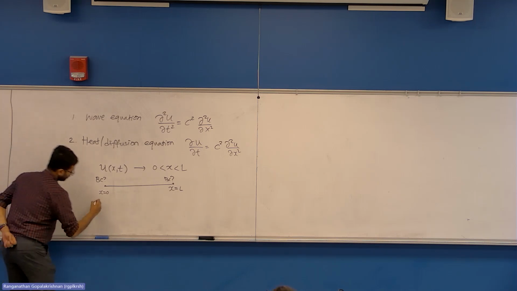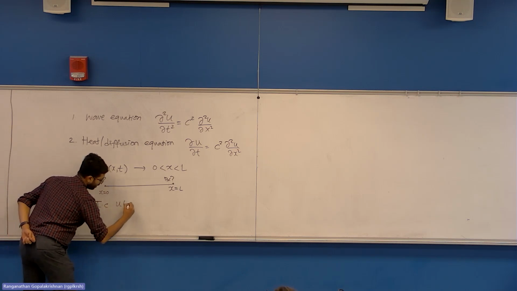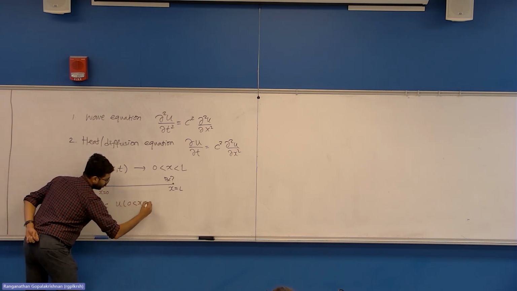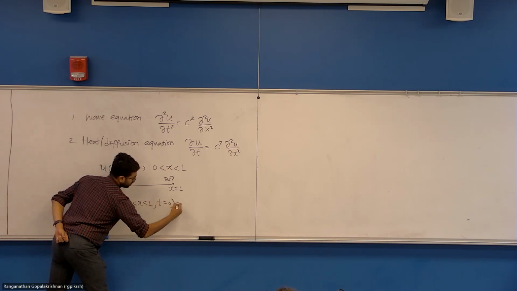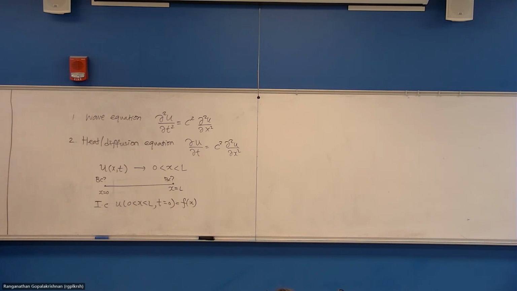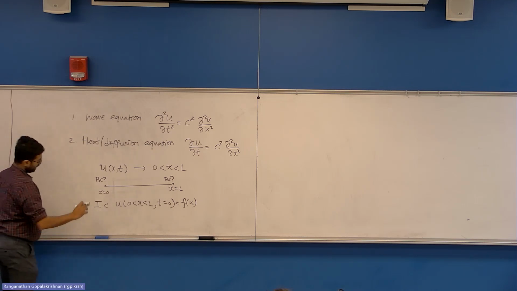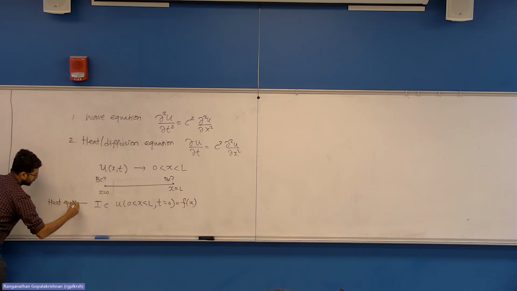And we also need to know the initial condition, which is the value of u at time 0. We'll call this f of x. In the case of heat equation, you just need to know the initial value of the function.